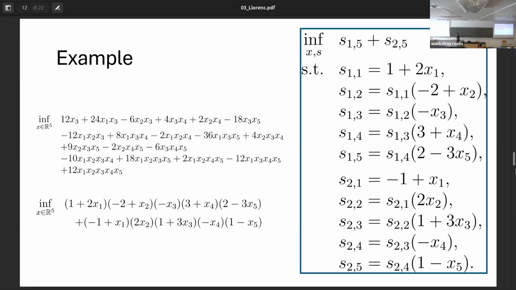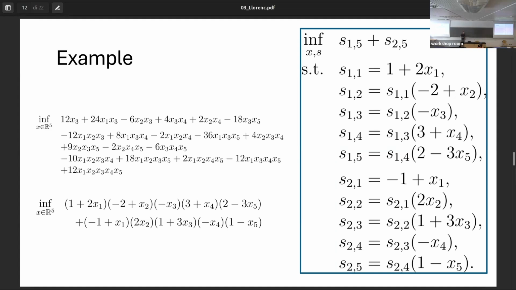Then the second S will be the first S times this component here, etc. And then we have different S's for the different rank components. So we define one set of S's for the first one and one set of S's for the second one. So this would be for the second rank component.